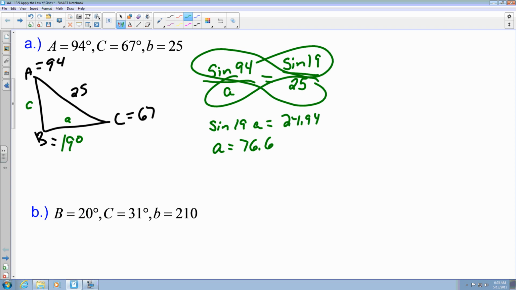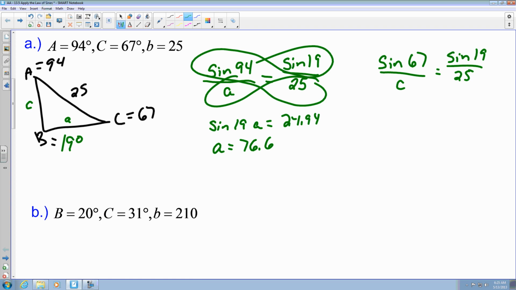And then to find c, doing the same thing, I can go the sine of 67 over small c equals the sine of 19 over 25. It's important to try to use as many given values as you can in order to solve, because I could have used the sine of 94 over 76.6, but it's better to just use the values that are given to you to help you solve for the unknowns.